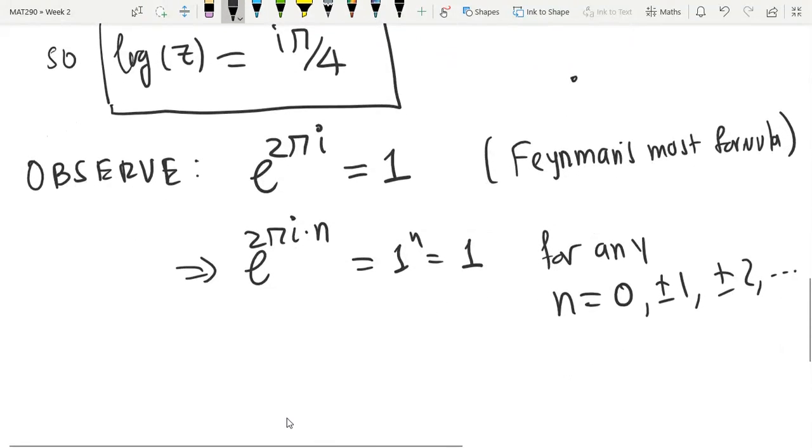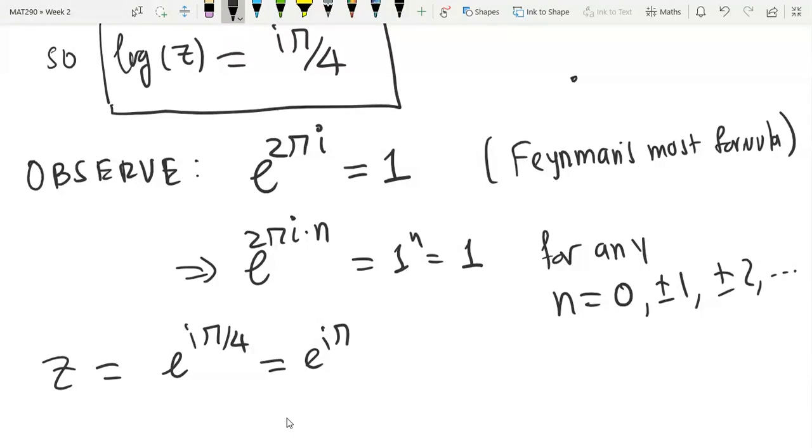The point is that we have z is equal to e to the i pi over 4. But this is the same if you multiply by 1, so using our result, we have this is e to the i pi over 4 times e to the 2 pi i n.